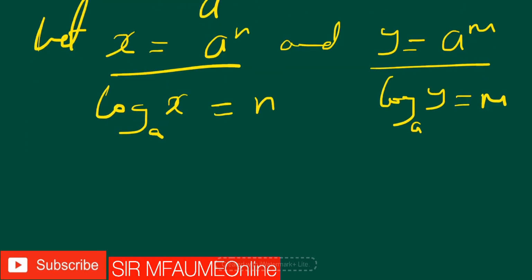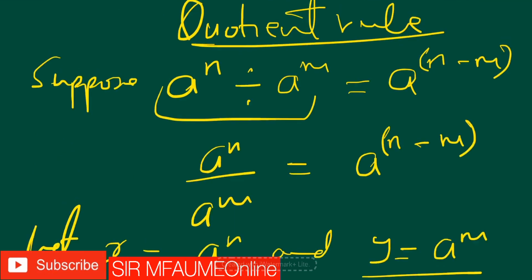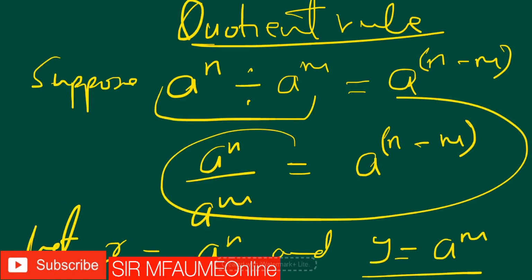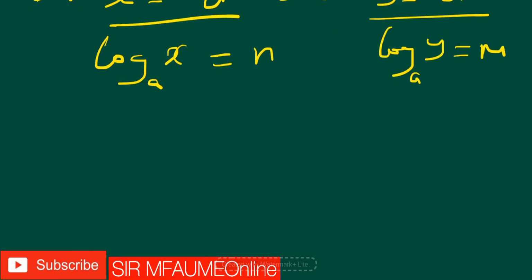Now we know that a exponent n divided by a exponent m is the same as a exponent n minus m.